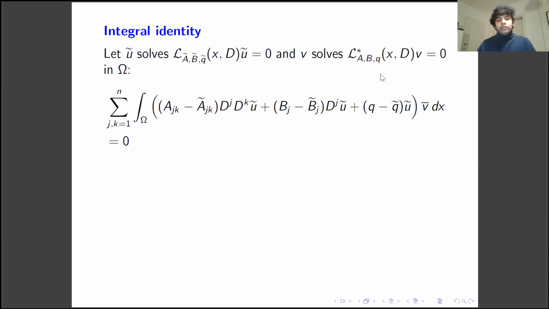And then you can show that you have this integral identity. It's just the integration by parts formula. You can start with any kind of Cauchy data that I mentioned, Navier Neumann or Dirichlet Neumann, and in both cases you can show that you have this integral identity.